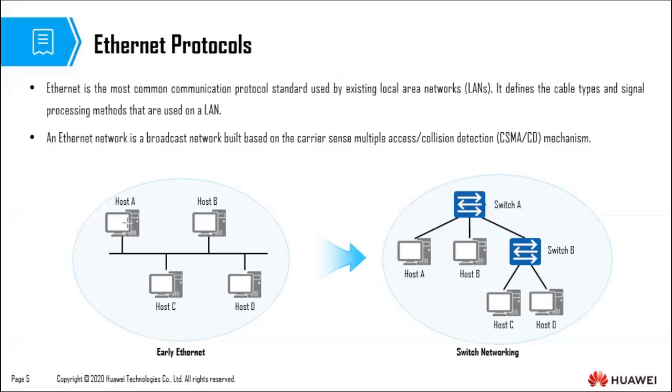So if everyone is sending a broadcast, it increases the chances of collision occurring. That is number one. Number two, it consumes the bandwidth of the bus. So that was the main problem with this kind of Ethernet technology.